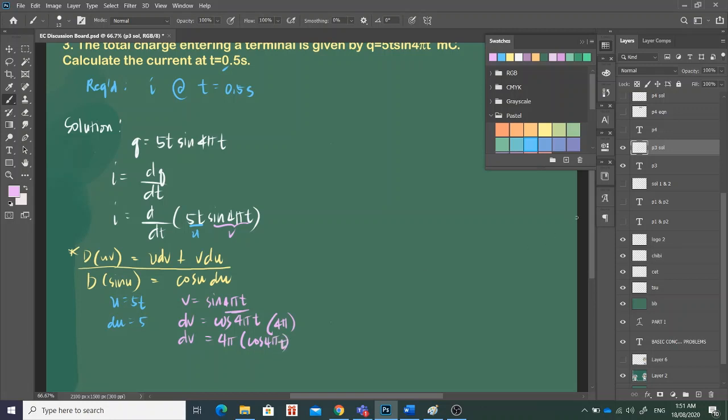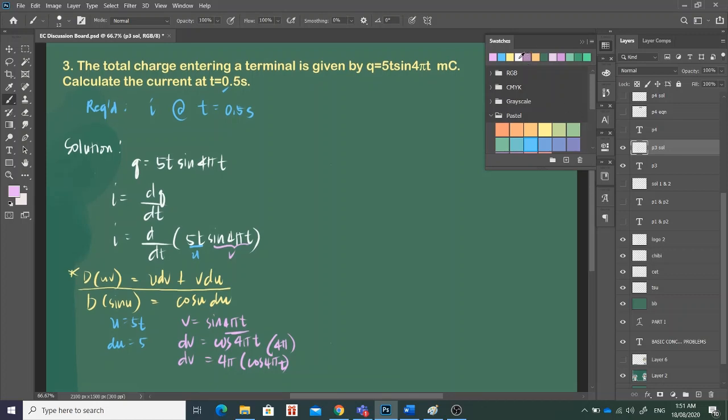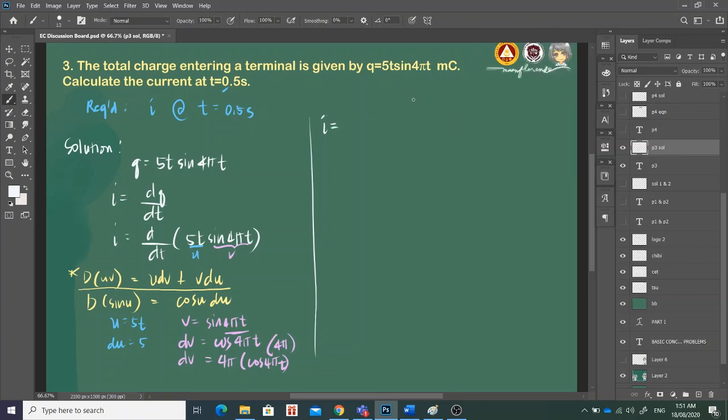Ayan. So now, ang gagawin natin ay substitute lang natin do sa product formula. Okay, so I is equivalent to u dv, so u is 5t multiplied by dv, which is 4 pi cosine 4 pi t, plus v du. V is sine 4 pi t multiplied by du, which is 5.